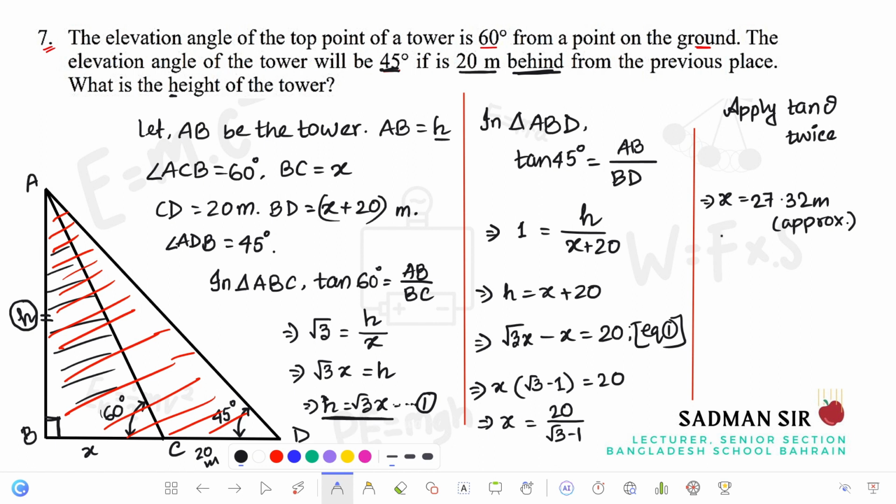If we replace the value of X in equation 1, what shall we get? H is equal to root 3 into X. So X has a value of 27.32.